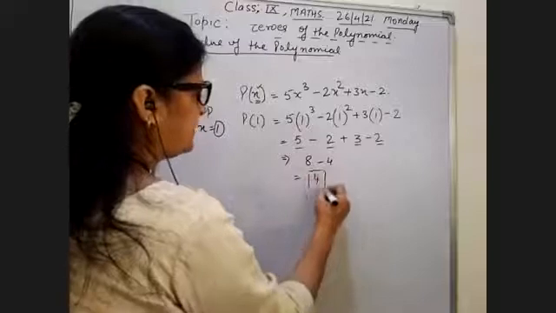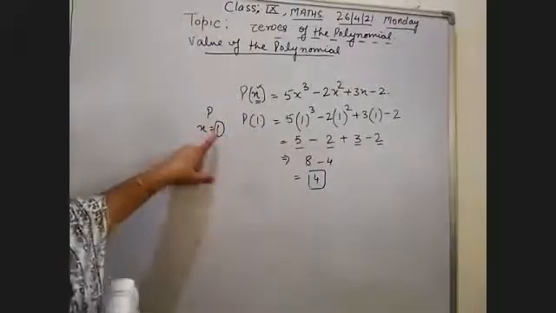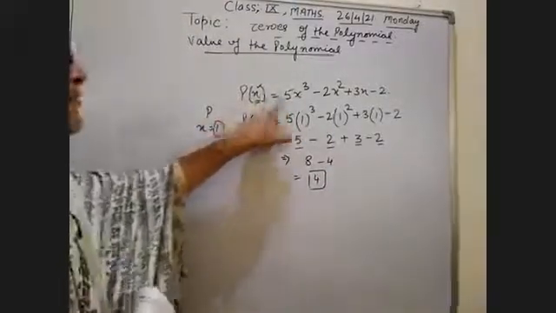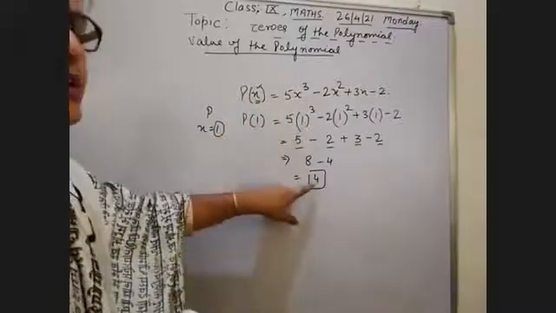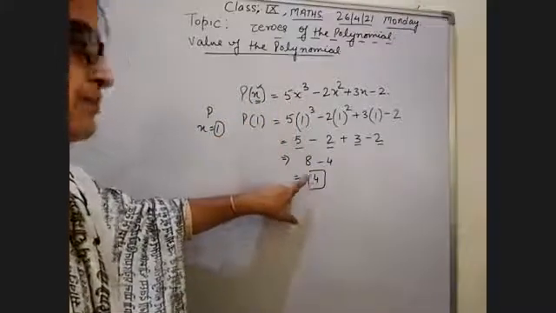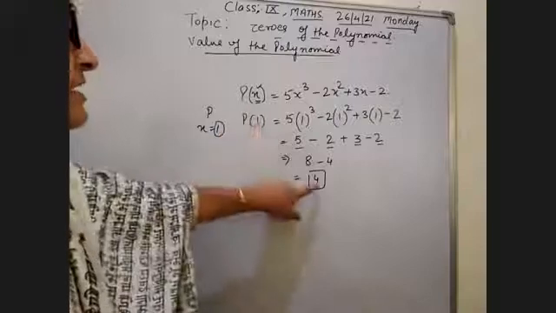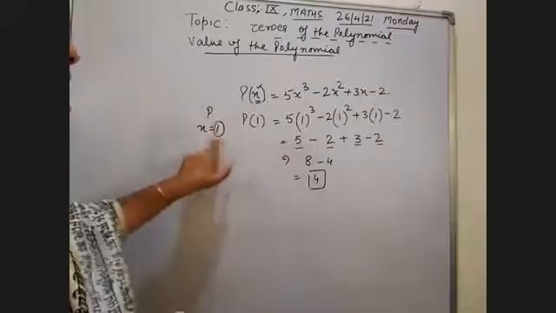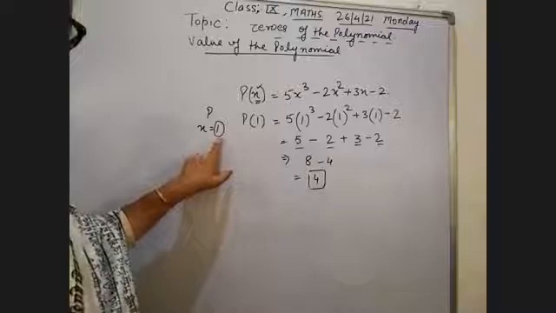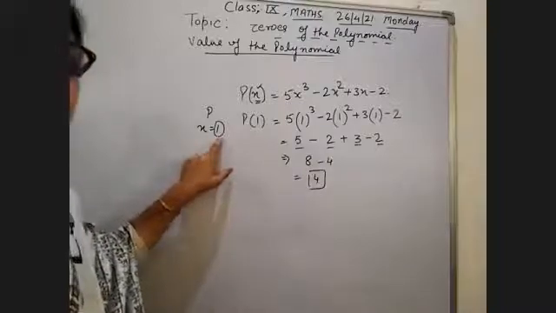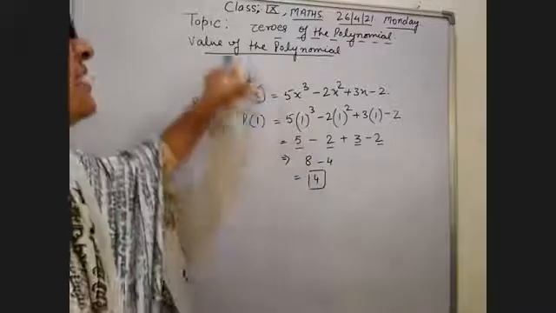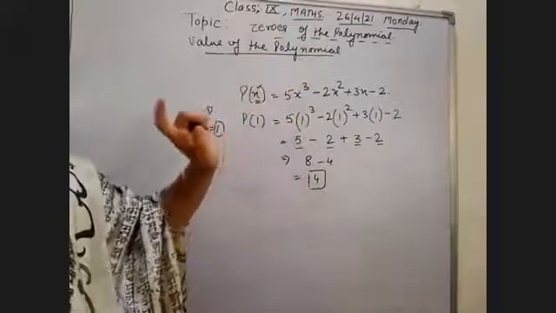So when we put x equal to 1, we get the value 4. So p(1) equal to 4. When we put the value of the variable, we get the value of the polynomial.